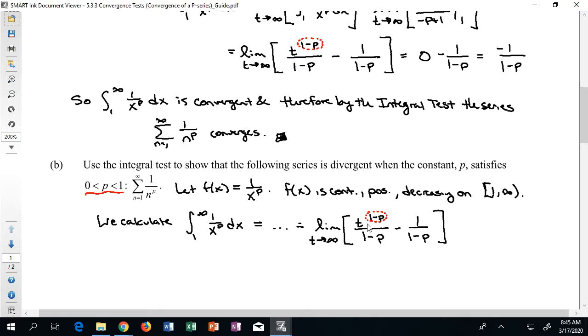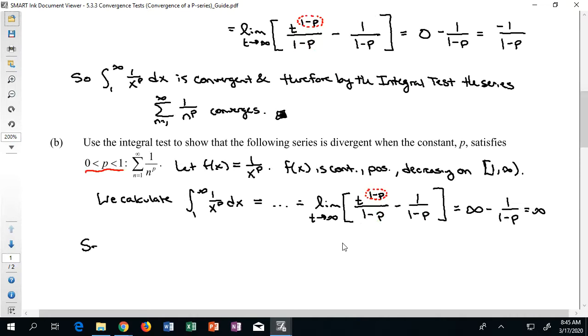If t is going to stay in the numerator, though, and t heads towards infinity, I can see that this is going to turn into infinity minus 1 over 1 minus p, which is going to become infinitely large. So in this case, 1 over x to the p, that improper integral is divergent.